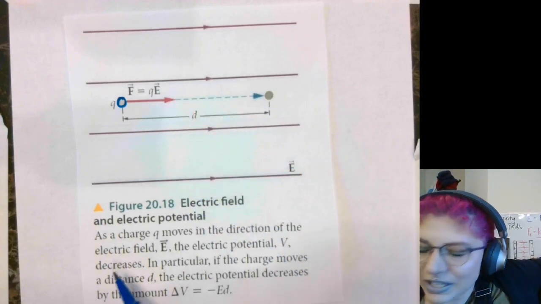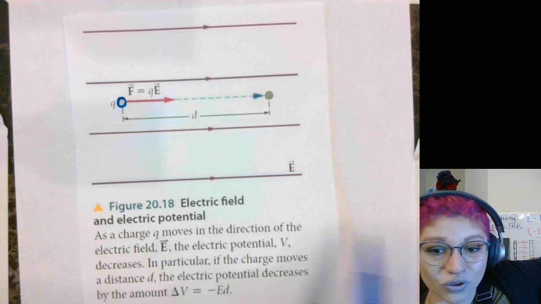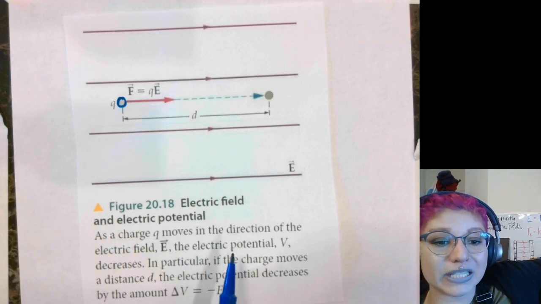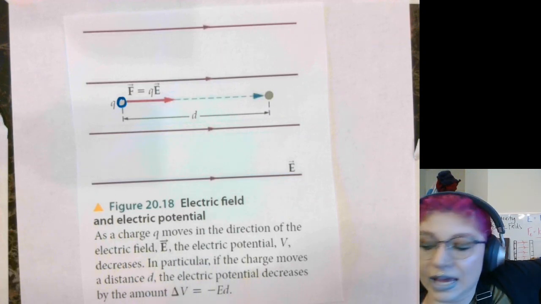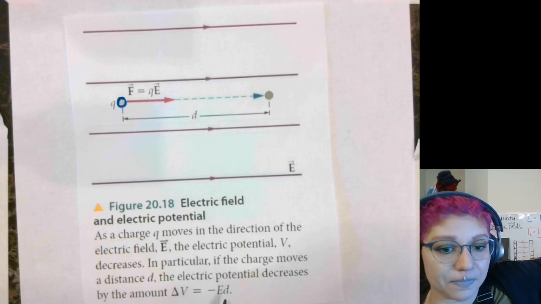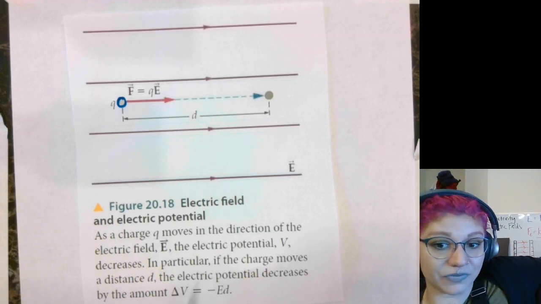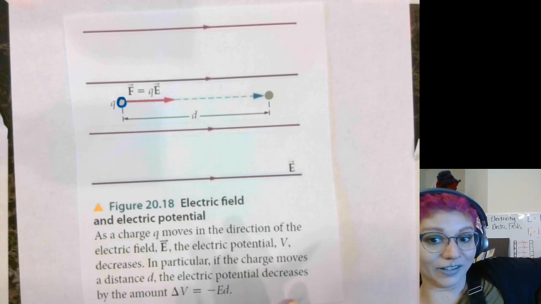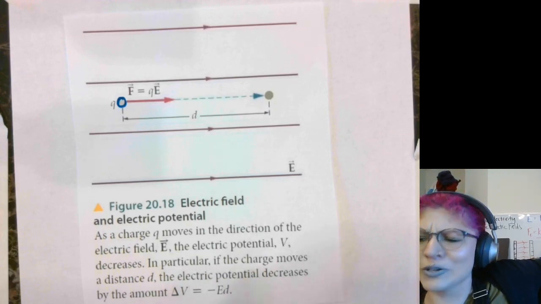So as the charge Q moves in with the electric field, the electric potential decreases. And again, this is how we define it mathematically. So the change in voltage is equal to the negative of the electric field times the distance, right? So if you're going with the flow of the current, you're not putting in extra work. You're letting it do its thing, right?